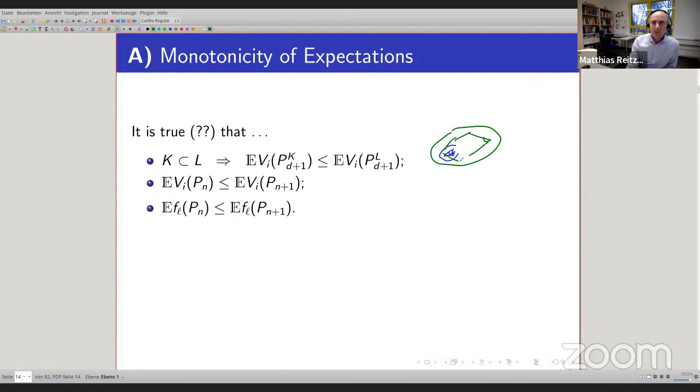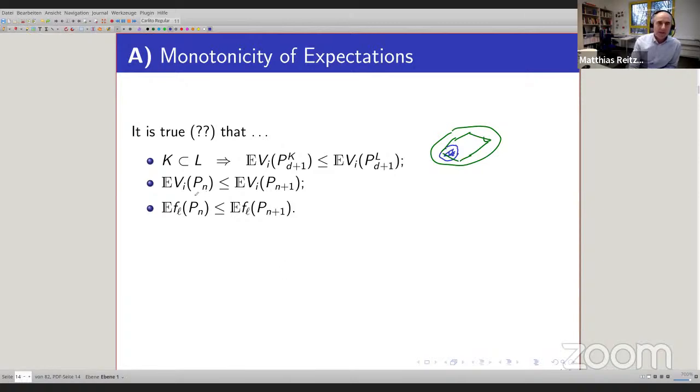So you have random polygons in the larger and in the smaller set. And the question is, is it true that the random polytope in the smaller set is always smaller than the random polytope in the larger set? So if you increase the set, your random polytope should increase in the mean. This is a very natural conjecture, in my opinion, and the question is whether this is true. Yeah, increasing the set increases the random polytope.